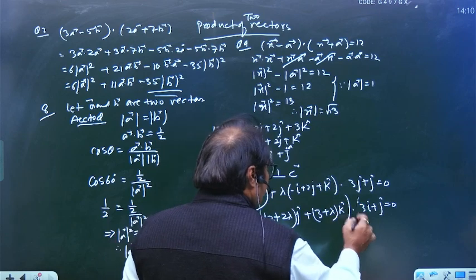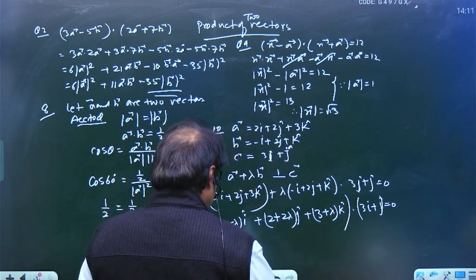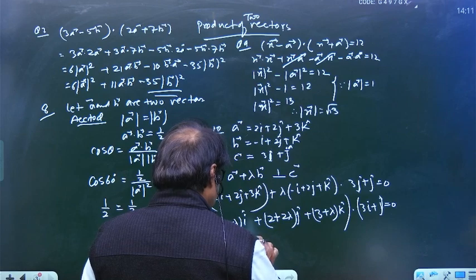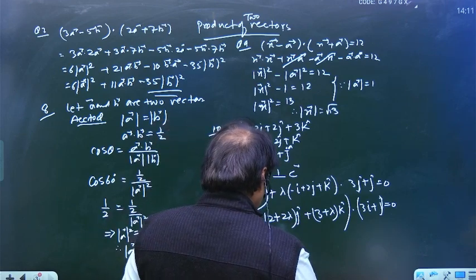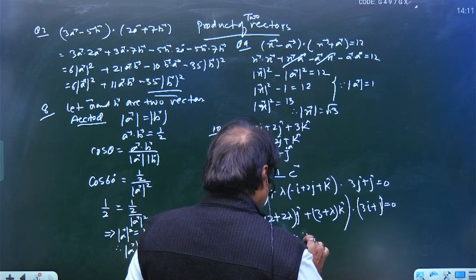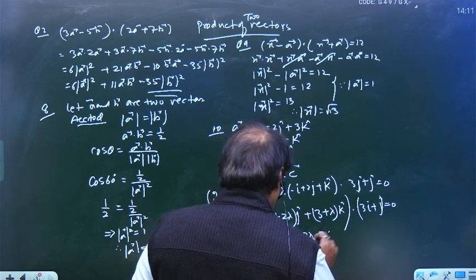Now take the dot product: 3 into 2 minus lambda, plus 2 plus 2 lambda into 1, is equal to 0.